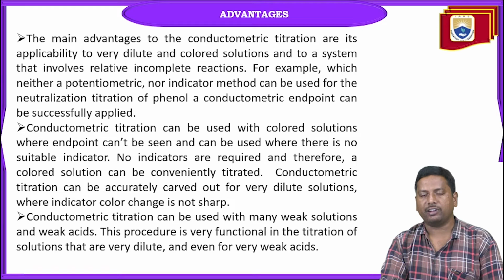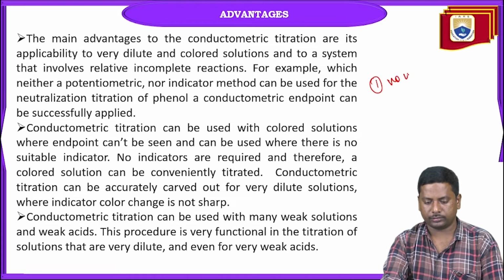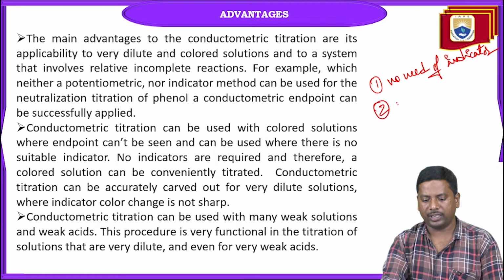So the main advantages of this instrumentation, when compared to classical methods: in conductometry, there is no need of an indicator. And the second one is that it is applicable to low concentrations.